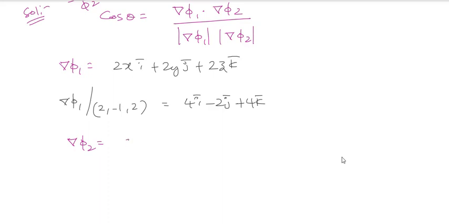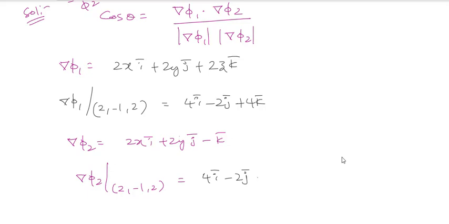Del phi 2 is 2x i bar plus 2y j bar minus k bar. Then del phi 2 at the point (2, −1, 2), if I substitute, you will have 4i bar − 2j bar − k bar will be there. Am I right or not?